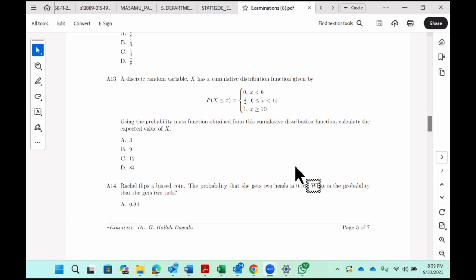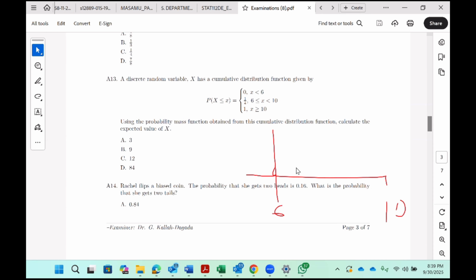So if I have this, and this is my 6, and this is my 10, I have a function: for x less than 6 it will be 0.